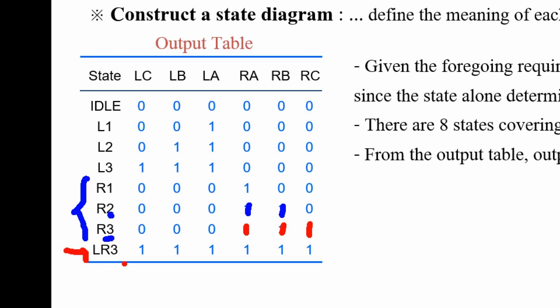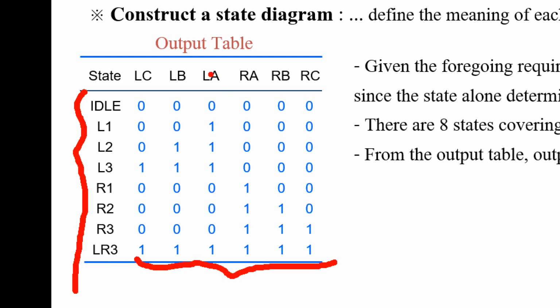And for LR3, all outputs are active. Now you can determine the meaning of each step, and you know the output for each step.